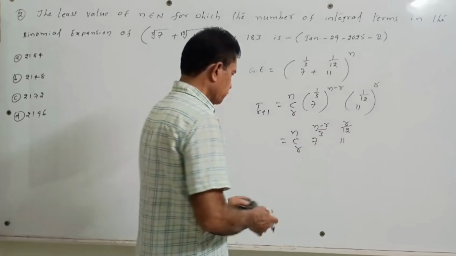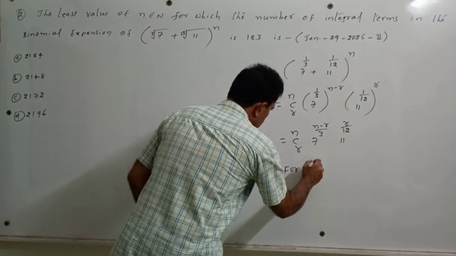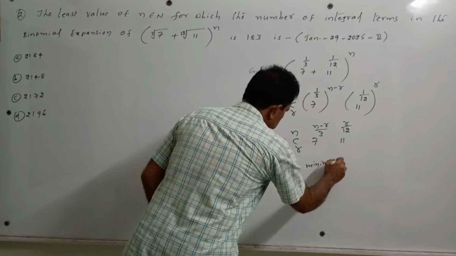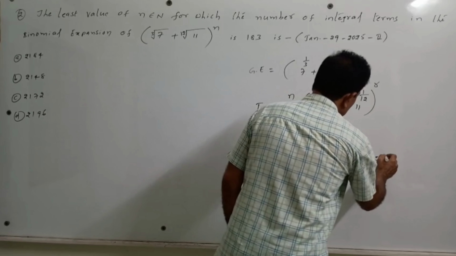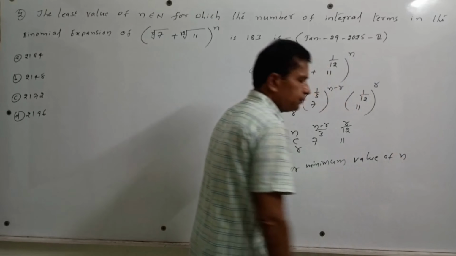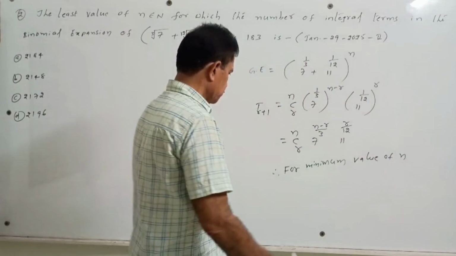Therefore, for the minimum value of exponent n, let us see now.